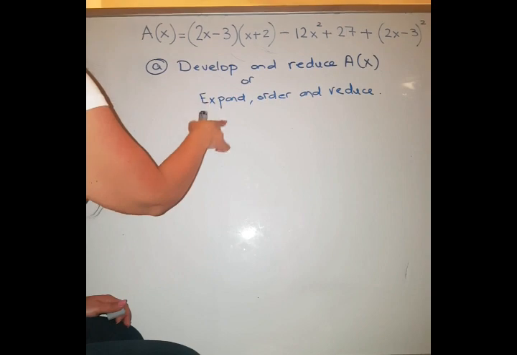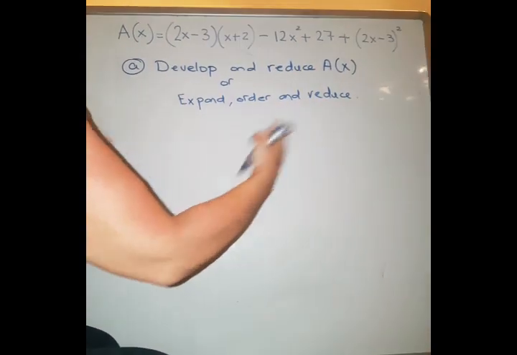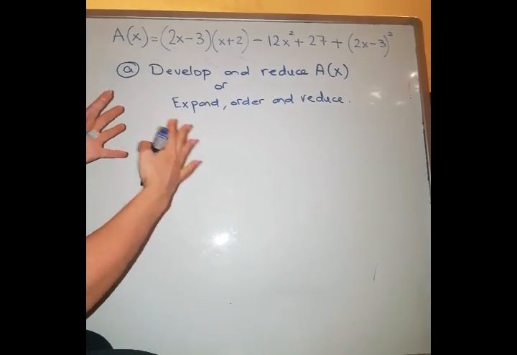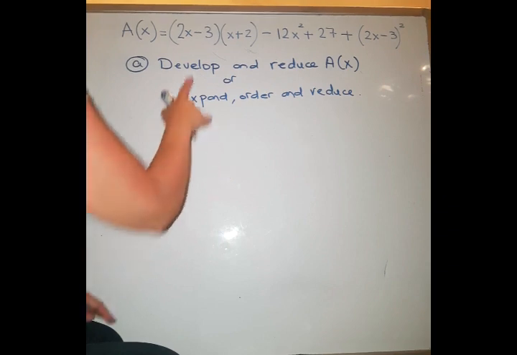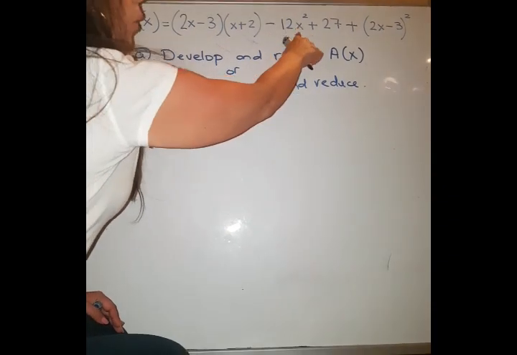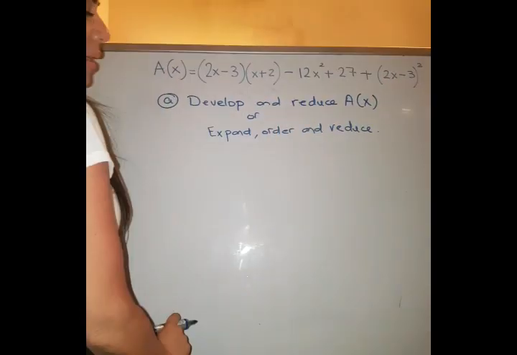Both questions mean the same. I'm going to develop, I mean expand, make it bigger, not factorize it and make it into common parentheses. That's not it. So now I go back to my expression, (2x - 3)(x + 2) - 12x² + 27 + (2x - 3)².